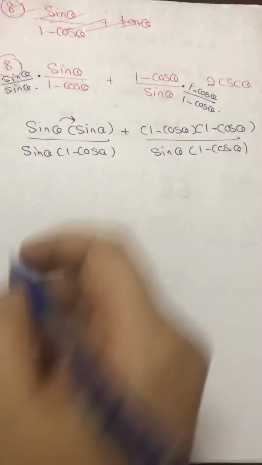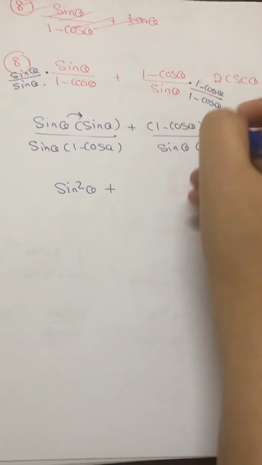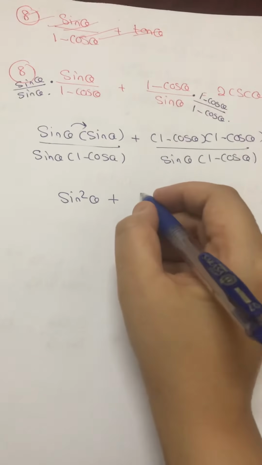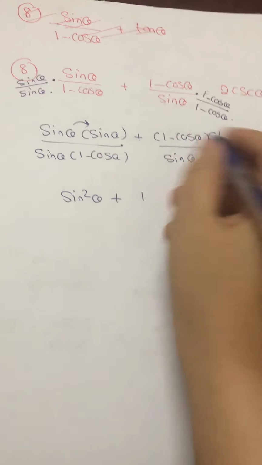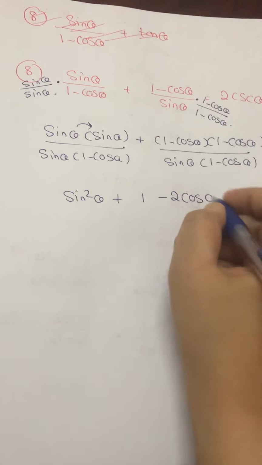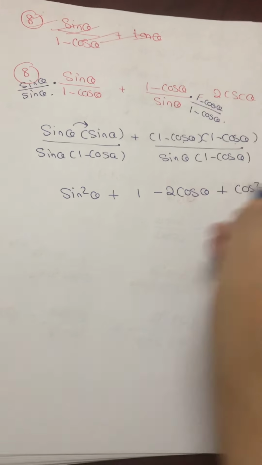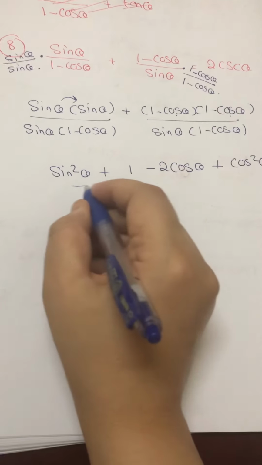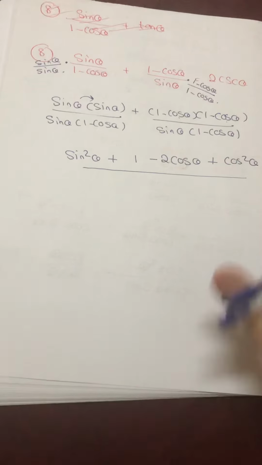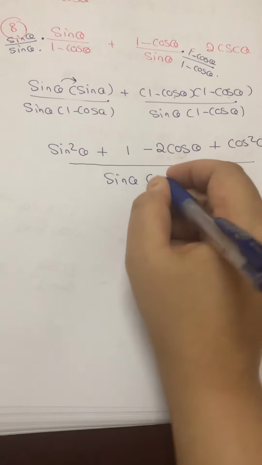If you multiply this by this, you're going to get sine squared theta plus, for here, if you distribute 1 and then minus cosine theta and minus cosine theta, minus 2 cosine theta, plus this multiplied by this will give you cosine squared theta all over. I'm not going to distribute the denominator now because maybe I'm going to cancel some trigonometric functions later.